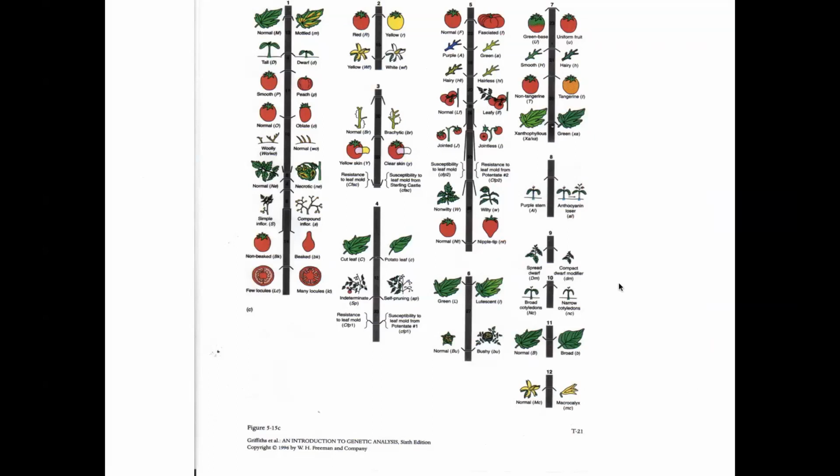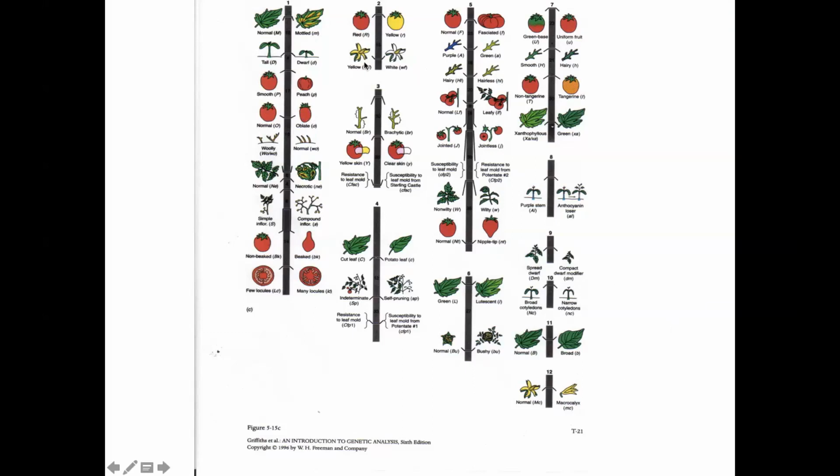So the haploid number for tomato is 12. So there's 12 chromosomes represented in this genome. Here's 1, it's the biggest. And here's 12, it's the smallest chromosome in the tomato genome. And you can see on each of those chromosomes, they have localized specific genes that are responsible for determining specific traits. So for instance, here's one that determines the shape of the tomato fruit, either a normal round shape or an oblate shape.